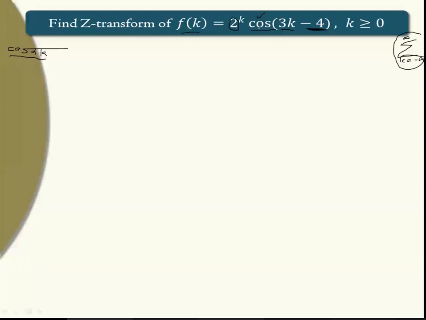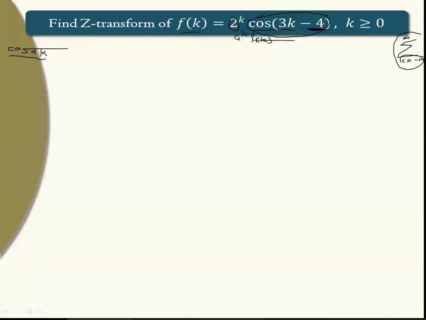Firstly, simplify this term, find the Z transform of this term, and then we can use the property a raised to k into f of k. So first find Z transform of cos term and then use change of scale property, a raised to k into f of k property. Here a is 2.